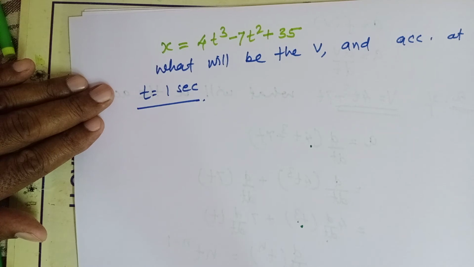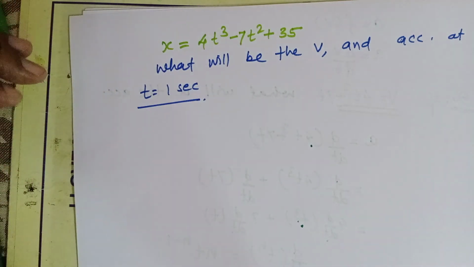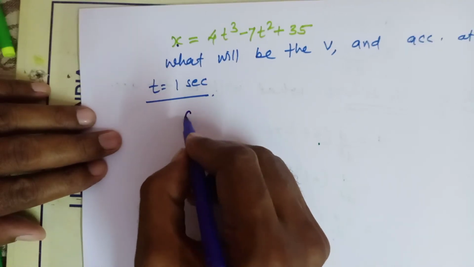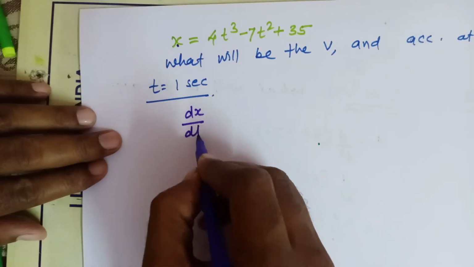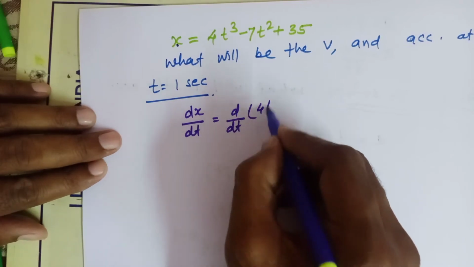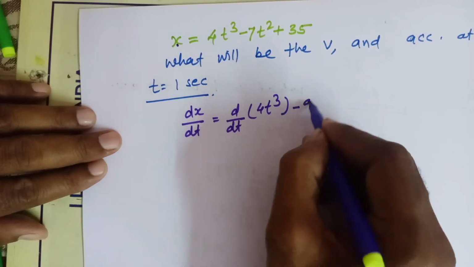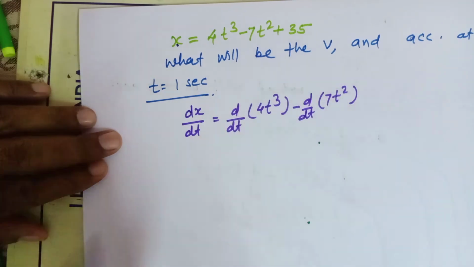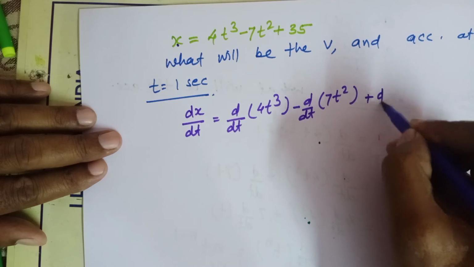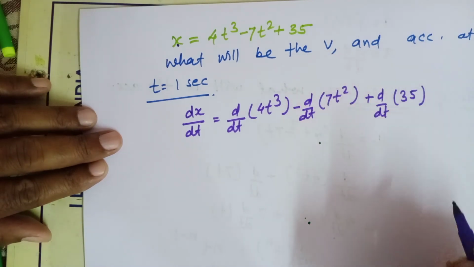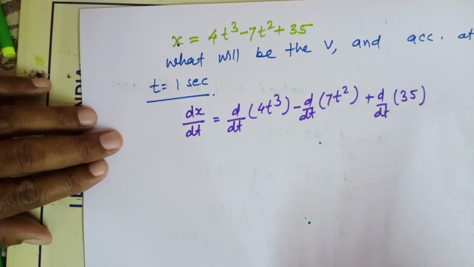So how to calculate that? First of all we will differentiate with respect to time, dx by dt. This will become d by dt of 4t cube minus d by dt of 7t square plus d by dt of 35. Remember 35 is constant, so its differentiation will be 0.